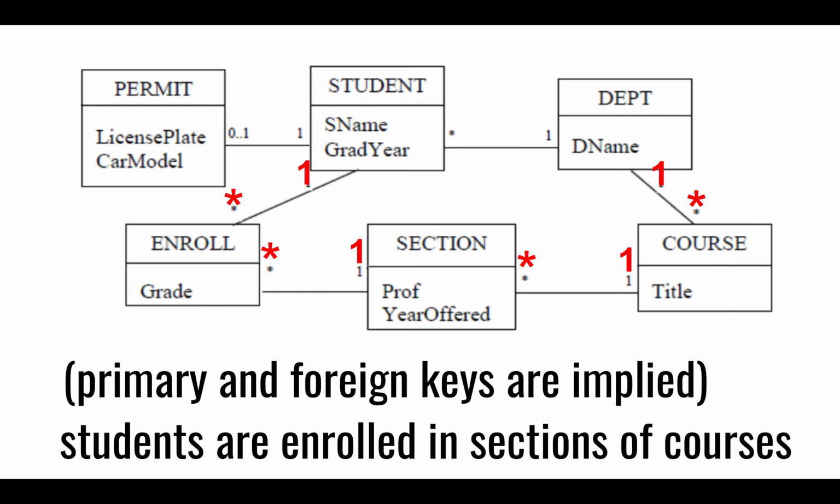We have these cardinalities, the ones, the stars, and whatnot. They really are going to be implemented basically as foreign keys and primary keys. They're going to be converted into those things, which we're not capturing. Typically, you would not capture this in UML diagrams. The UML diagram would typically be agnostic of how you're going to actually implement the data set.